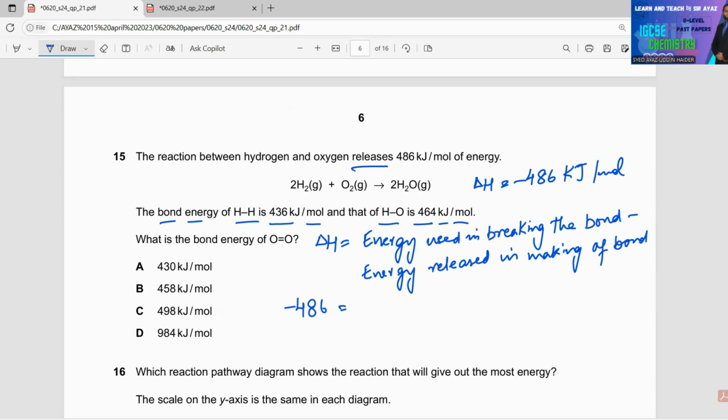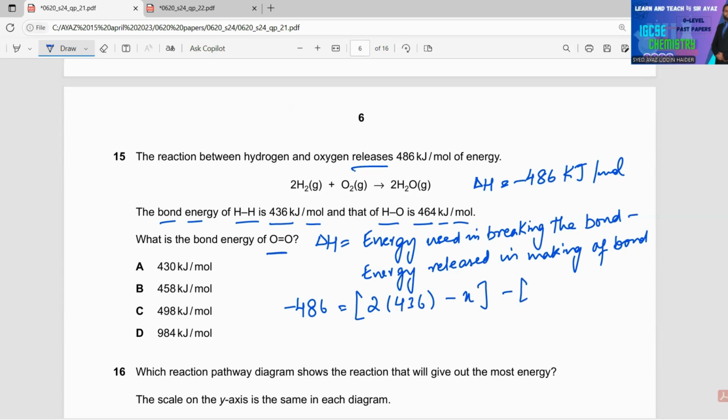We have 2 moles of H2. 2 moles of H2 means we need to multiply 2 by the bond energy of H-H, which is 436. So 436 minus. Now, O double bond O, we need to find. So I'm going to consider this as X, minus energy released.